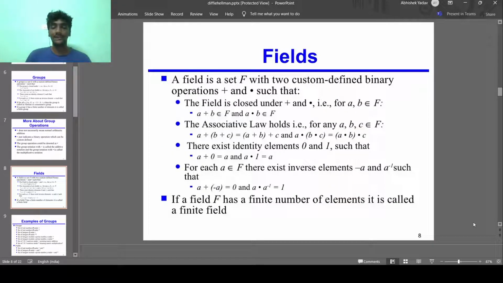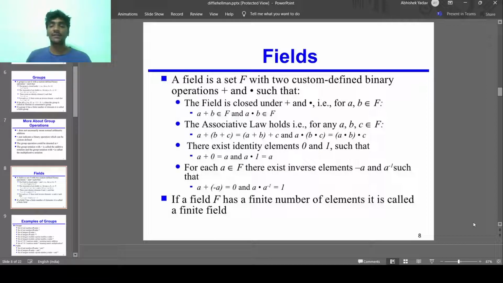Coming on to fields. A field is a set F with two custom defined binary operations, plus and dot, such that the field is closed under plus and dot, that is, for A, B belonging to the field.